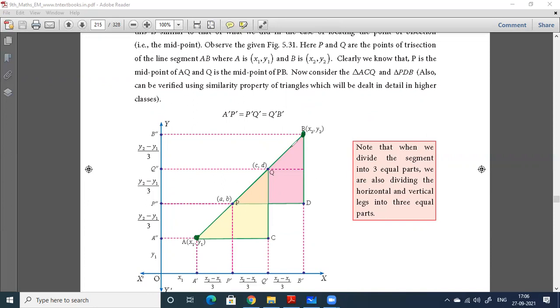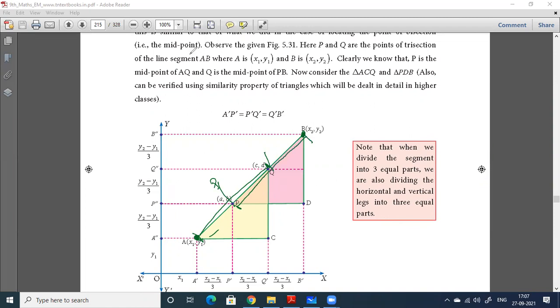So P is the midpoint of AQ. This line is AQ, and P is the midpoint of that line AQ. You divide it equally into 3. In the same way, Q is the midpoint of this line PB. So that's also known.